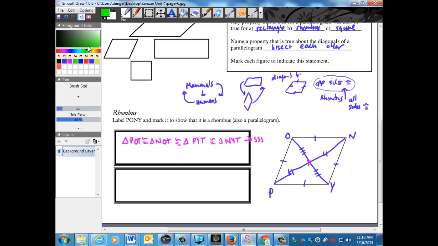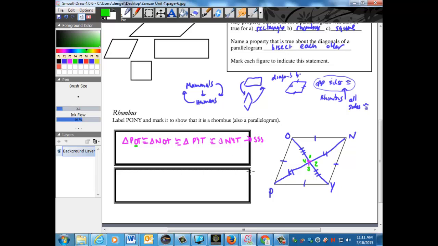What's interesting to note now is that I'm going to call this angle 1, this angle 2, angle 3, and angle 4. Now if I underline this O right here in triangle POT, sorry, that was bad.